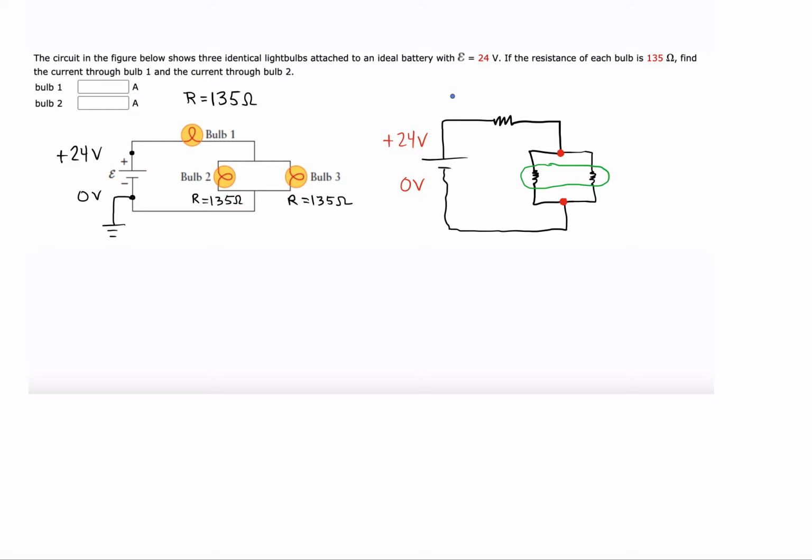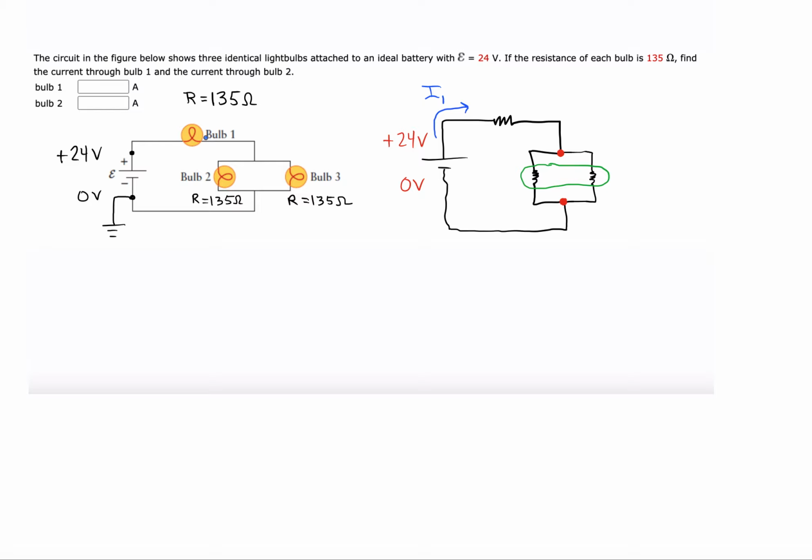However, we still use the convention of drawing the flow of positive charge, and that would be what we call I, the current. So the current that flows out of the positive terminal would be called I1.